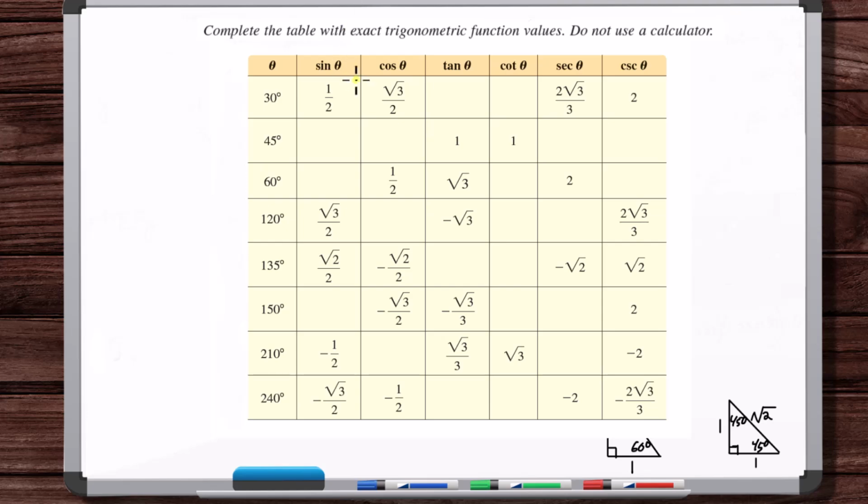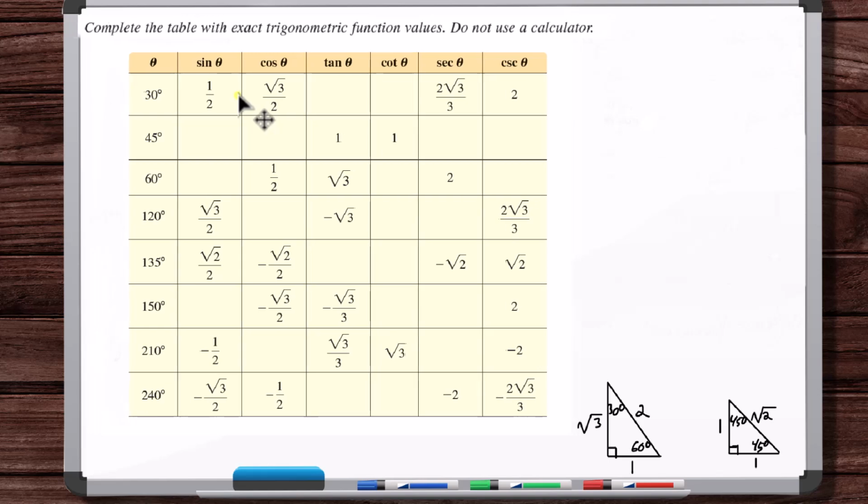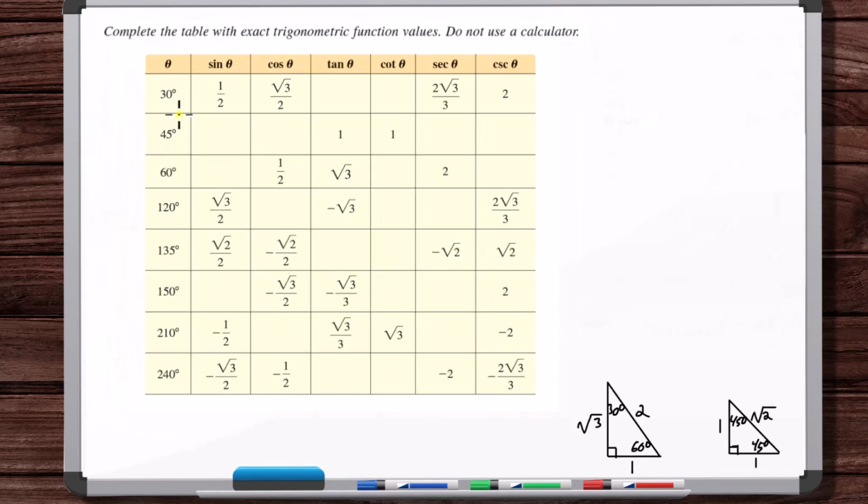Okay, so let's fill in this table here. Let me move this off to the side so we can see the triangles. All right, so it's all of these. It's either a special angle or the reference angle is 30, 45, or 60. Those are going to be the easiest because those are acute angles. And the idea is we can come to the triangle, and no matter what the orientation of the angle, just do SOHCAHTOA.